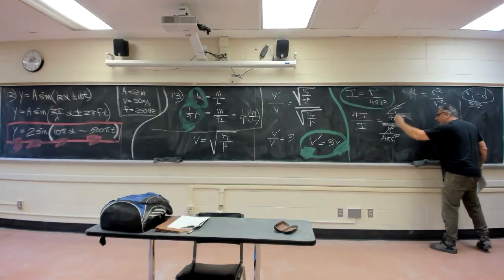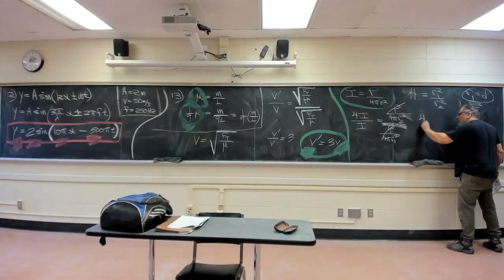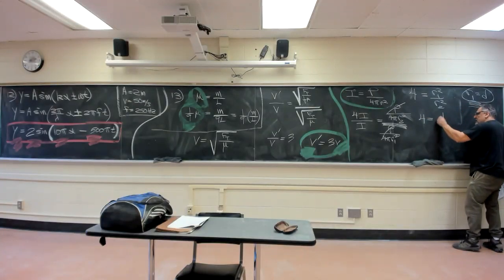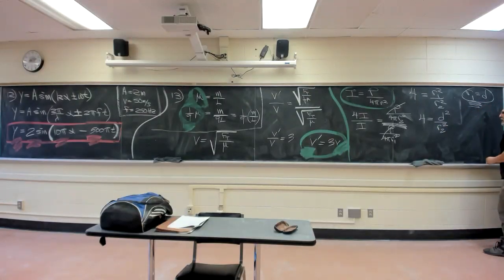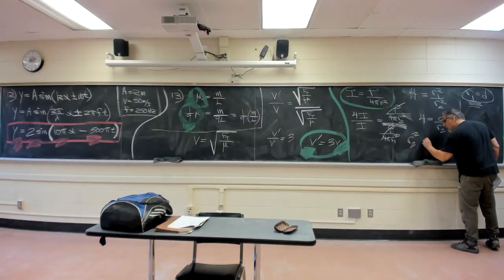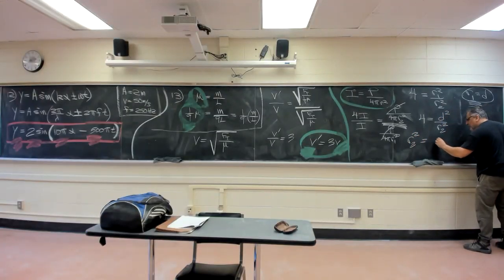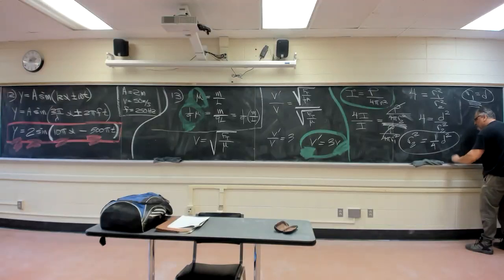Be careful. Look at how this mathematics proceeds. We are told that r1 is d, and r2 is whatever it's going to be. Let's multiply by r2 squared on each side, and then divide by 4 on each side.